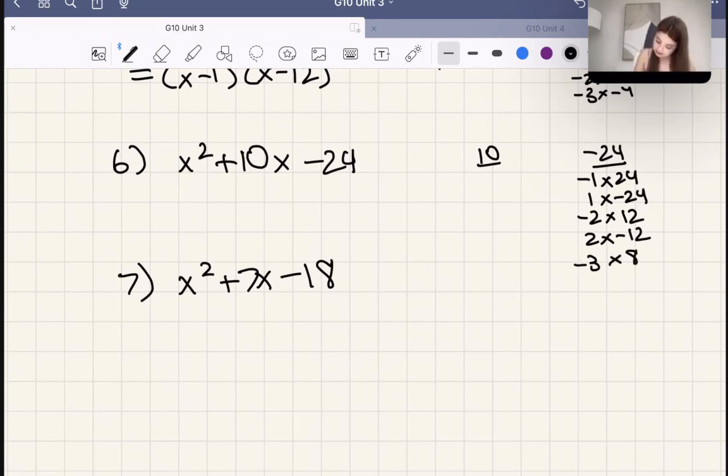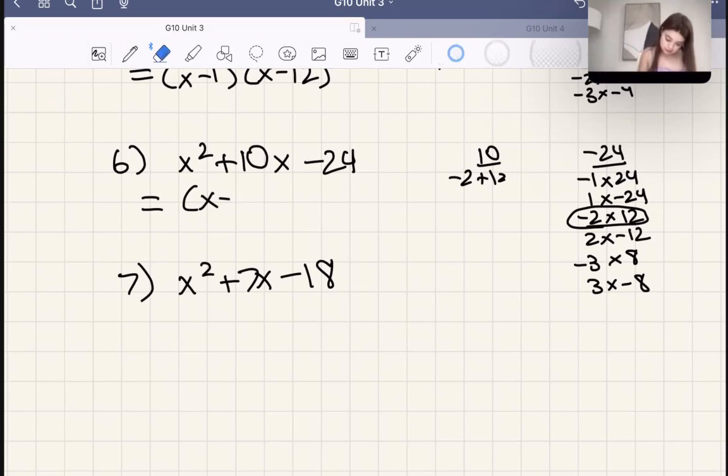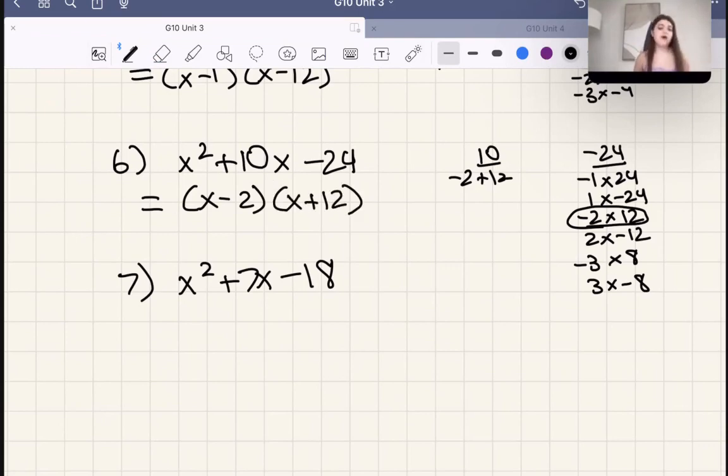There we go. Okay, so what's our answer? This one here, because negative 2 plus 12 gives us 10. Okay, so then our answer would be x minus 2, x plus 12. And there we go.